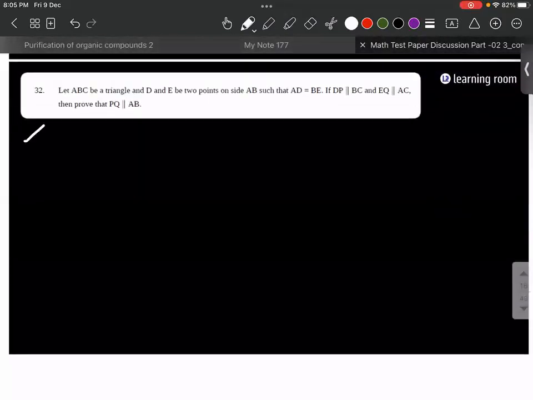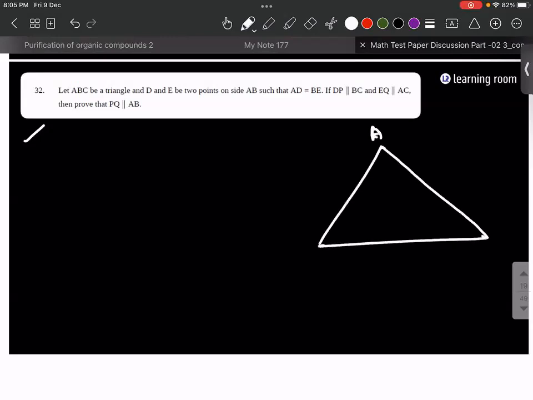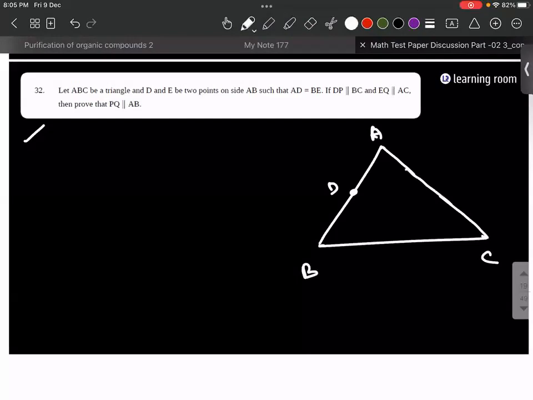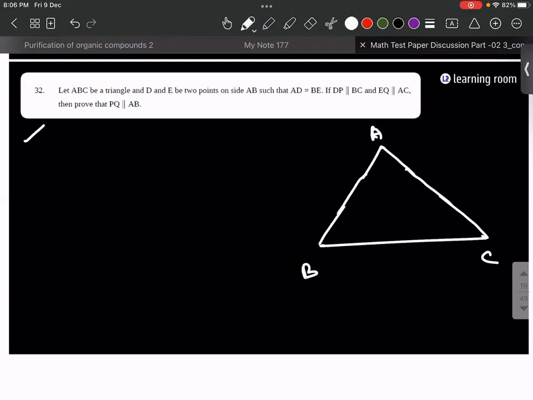Question 32. In triangle ABC, D and E are two points on side AB such that AD is equal to BE.